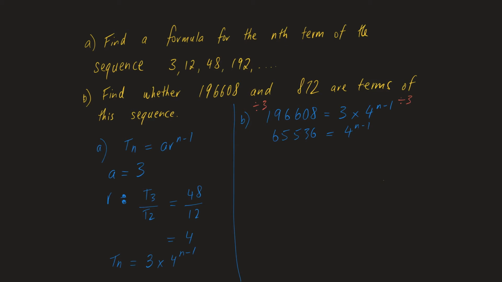Now what I'm going to do is change this exponential equation into a logarithm. Taking the logarithm of both sides, that gives me ln 65536 is equal to the natural log of 4 to the power of n minus 1.